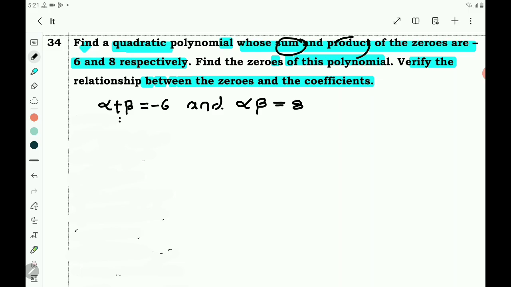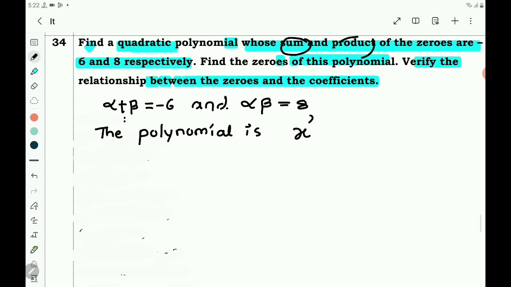Then what we have to find out? We have to find the quadratic polynomial. So the required polynomial is, also you can write the polynomial is x square, if you take x is the variable, x square minus alpha plus beta, in the bracket you write alpha plus beta into x plus alpha beta.